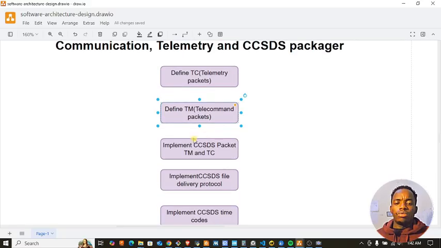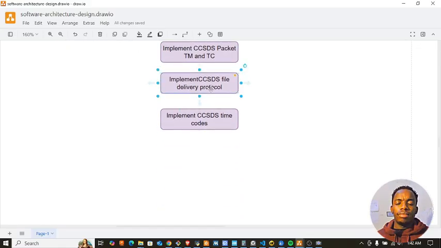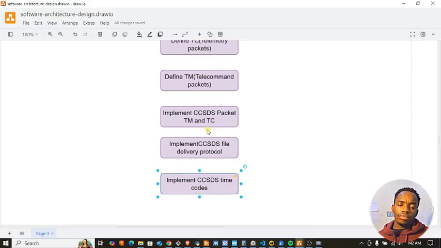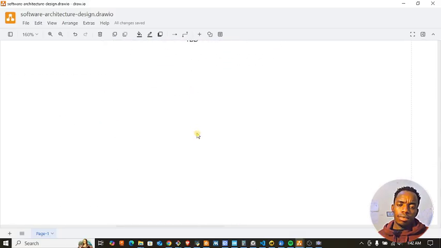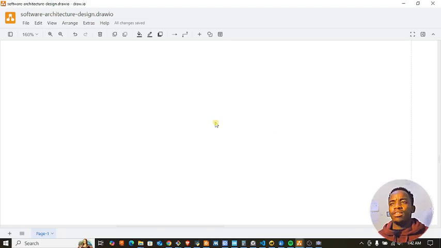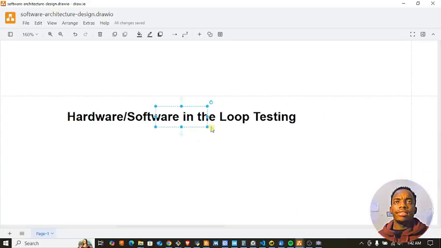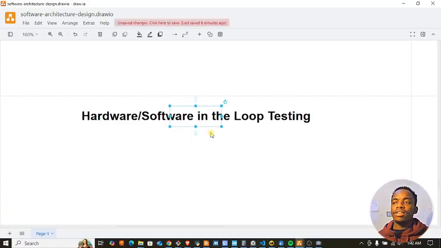So my software should be able to implement all of this: telecommand and telemetry packets, the file delivery protocol, FDP, and then time codes and whatnot. Some other things that I've not determined here are downlink and ground station. I'm planning to design a very small basic ground station maybe later, and then some form of testing. So all of this is in terms of the software.